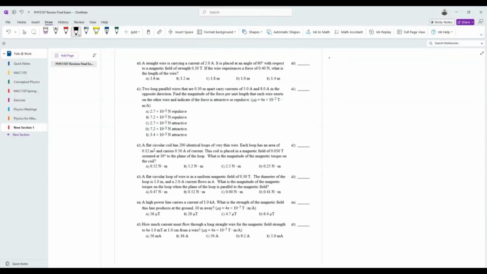So again, in this exercise 40 now, we have a wire with a current of 2 amperes. And then with a field at an angle of 60 degrees of 0.20 Tesla.